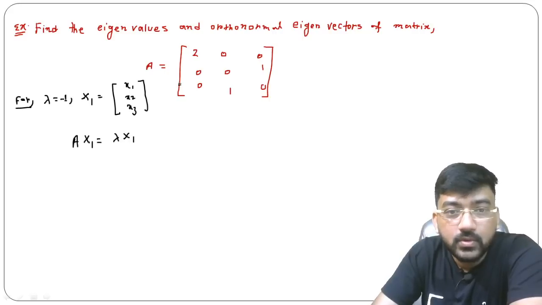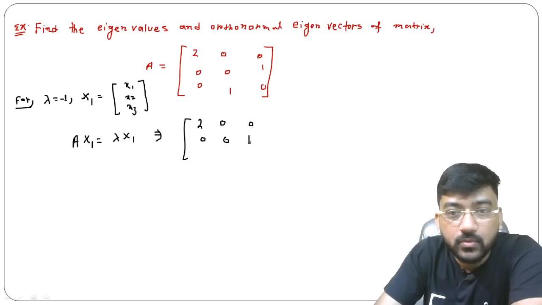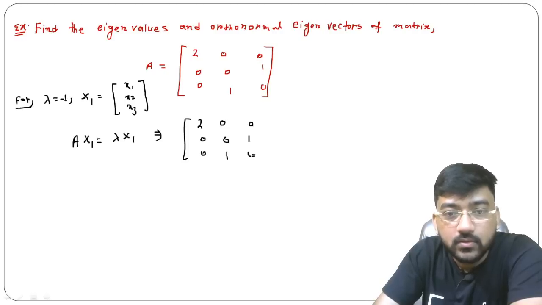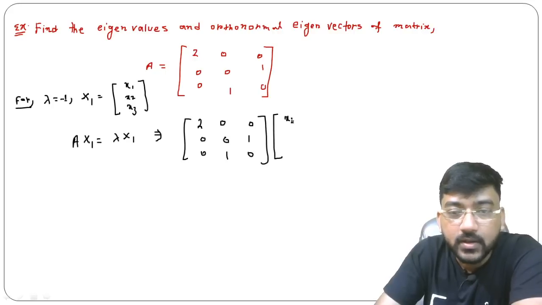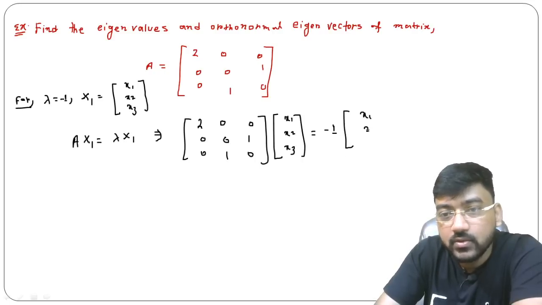Now if you put the value of A, what is A? A is the same as before: the matrix with rows (2, 0, 0), (0, 0, 1), (0, 1, 0), multiplied by x1, x2, x3, is equal to lambda, which is minus 1, times x1, x2, x3.